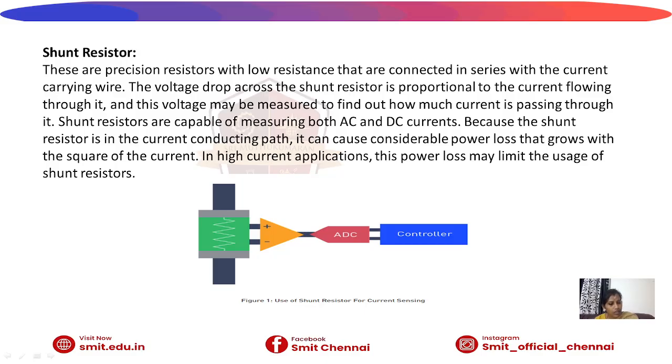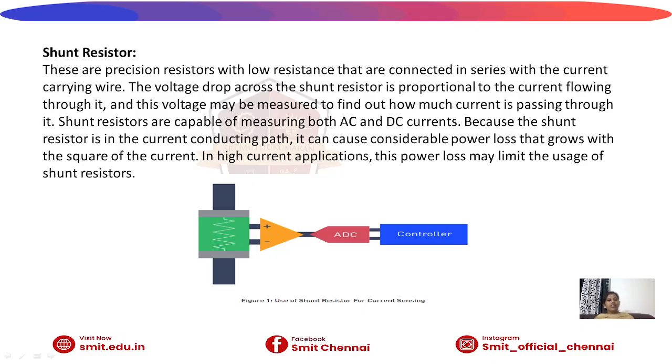Why are we measuring this voltage? To know how much current is passing through this conductor. That's why we are using the voltage. Shunt resistors are capable of measuring both AC and DC currents because the shunt resistor is in the current conducting path.